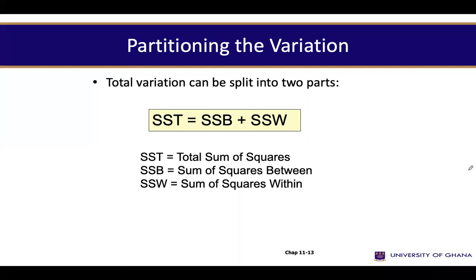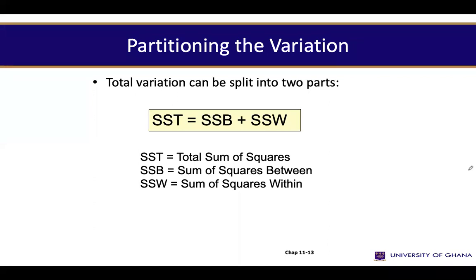The variation between the groups is measured by the sum of squares between. That's a numerical value. We call it sum of squares between, or between group sum of squares, or SSB, not a bank, but sum of squares between.